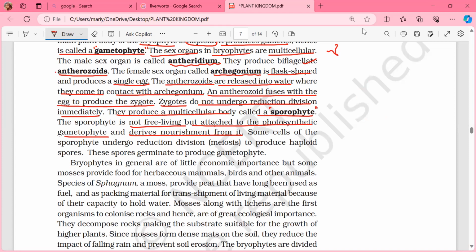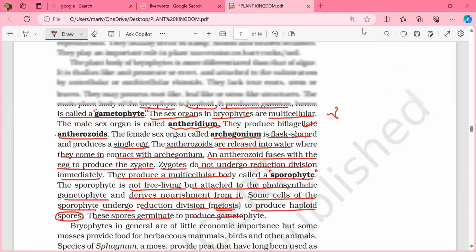Then some cells of the sporophyte would undergo reductional division, that is meiosis, to produce haploid spores. Now the spores are made and then these spores germinate to produce the gametophyte once again.